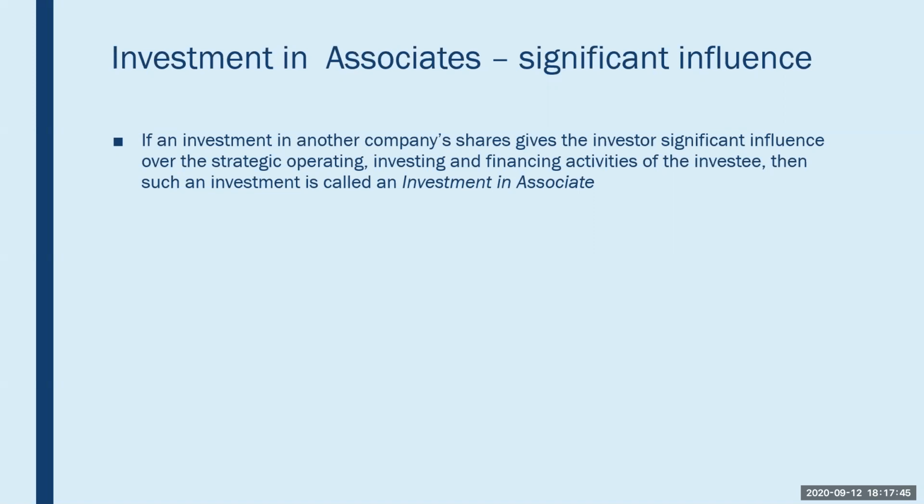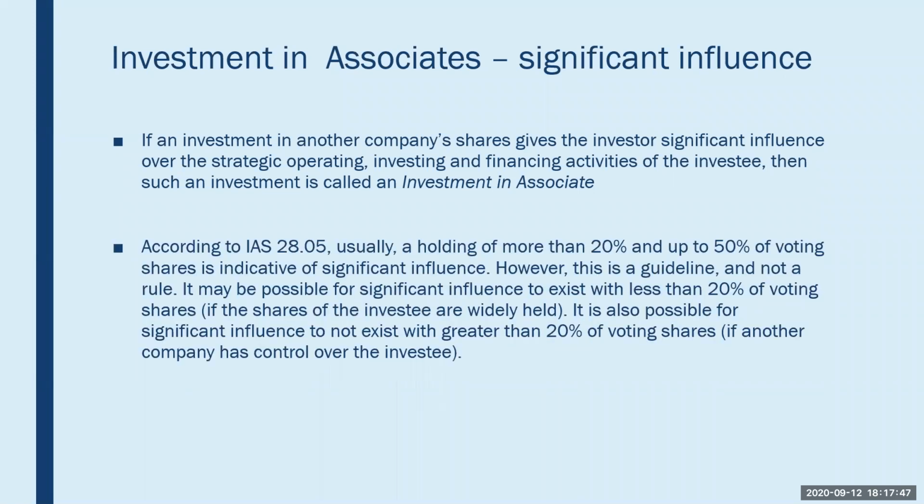And according to IAS 28, paragraph 5, usually a holding of more than 20% and up to 50% of the voting common shares is indicative of significant influence. However, this is a guideline and not a rule.